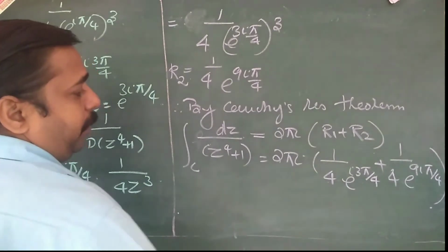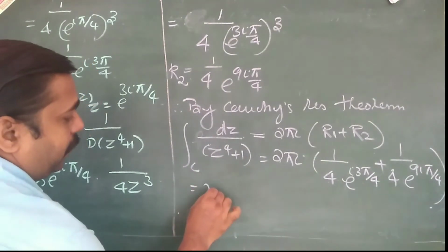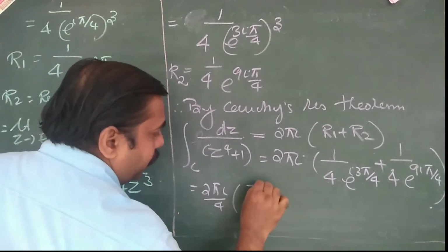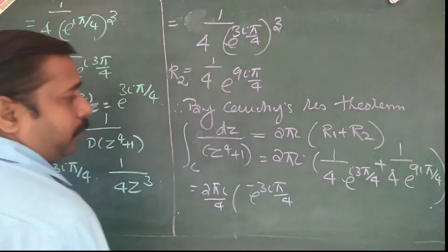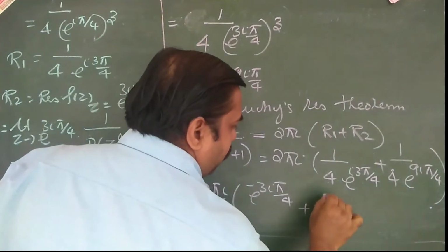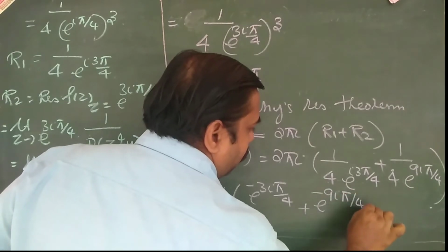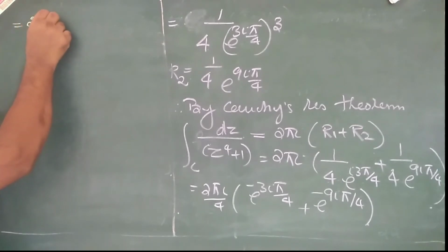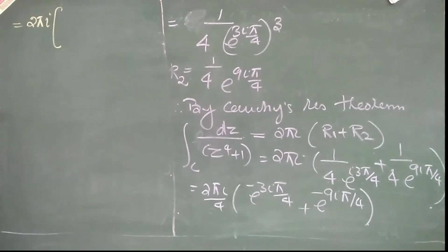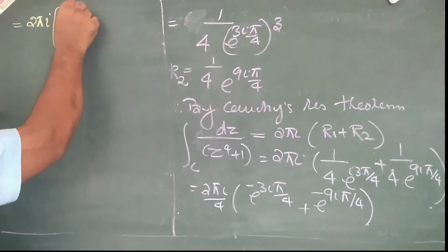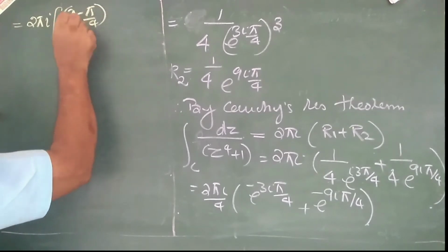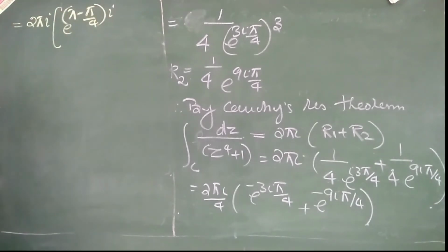So 1 by 4 can be taken outside, then we can write the value. That is 2 pi i by 4 times e raised to minus 3i pi by 4 plus e raised to minus 9i pi by 4. So 2 pi i into, this can be written as e raised to minus pi minus pi by 4 into i, because 4 pi minus pi is equal to 3 pi.